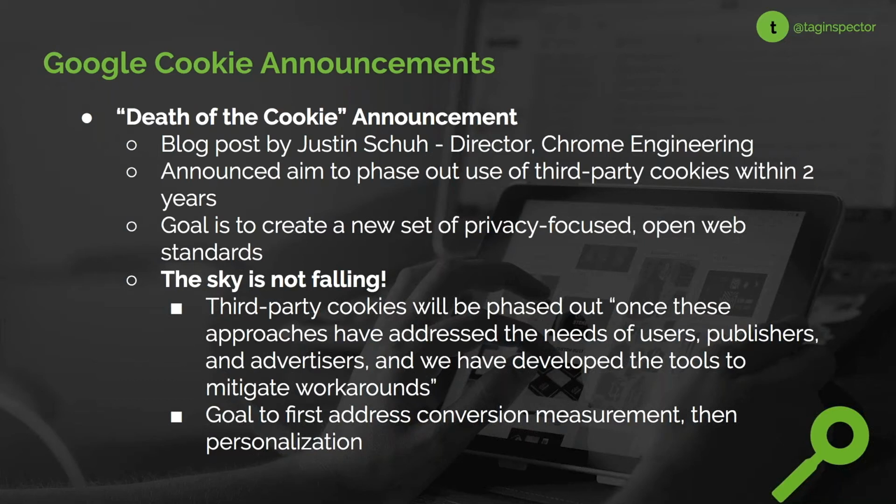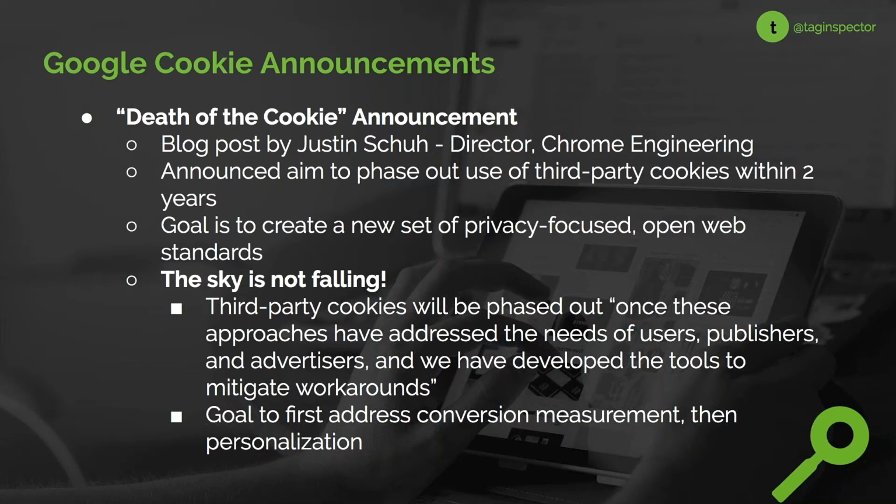Now, a lot of the commentary around this was that cookies are dead, there's no more use of cookies or anything like that. That's not what's being stated here. It's just stating that their goal is to phase out the use of third-party cookies across the web within 2 years.